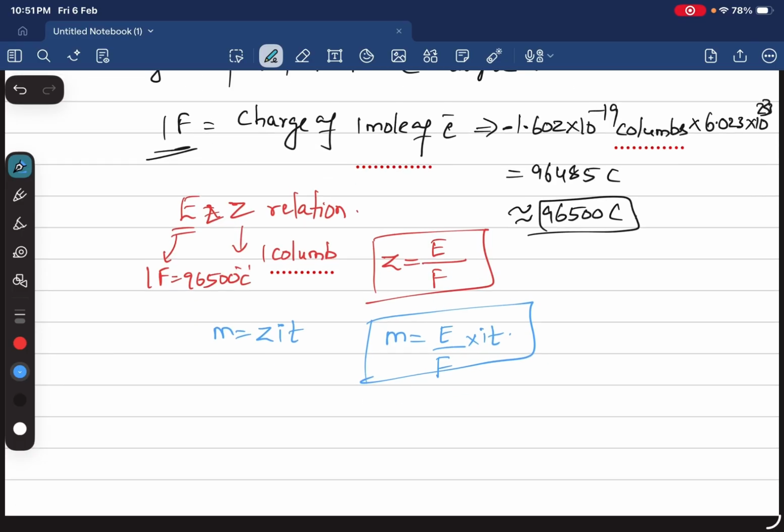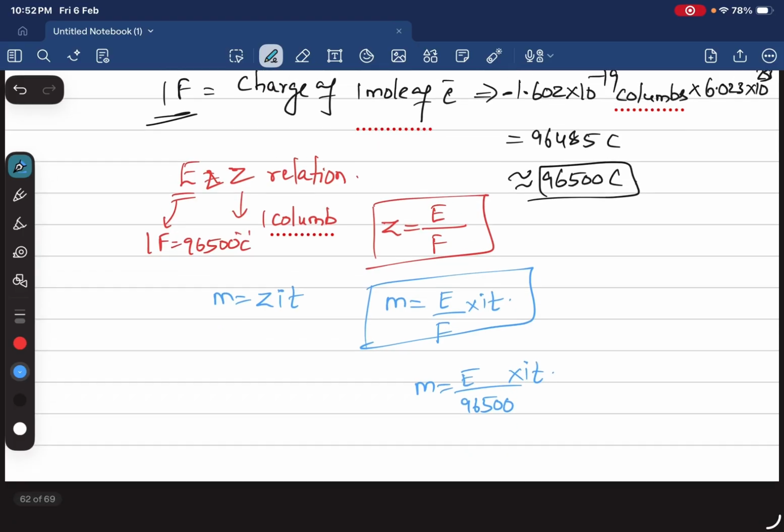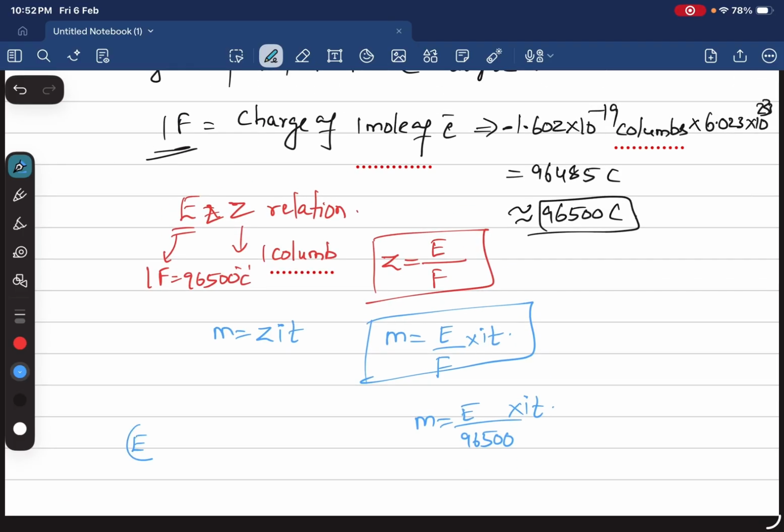In the place of F we can also take 96,500 into IT. But here the metal deposition does not depend on the moles of metal.